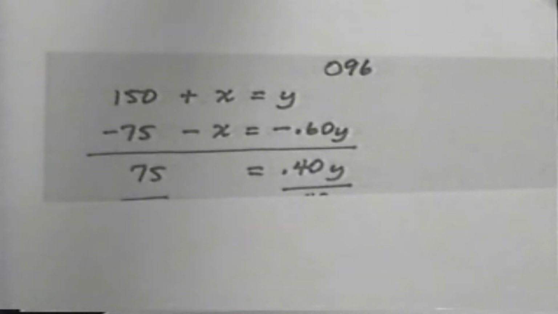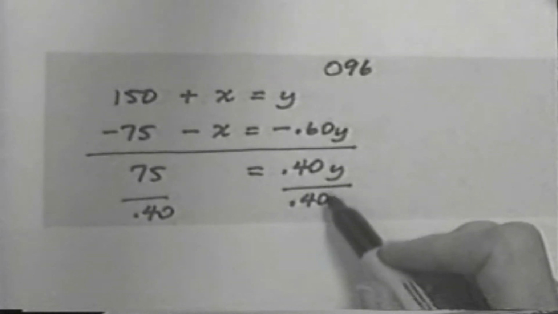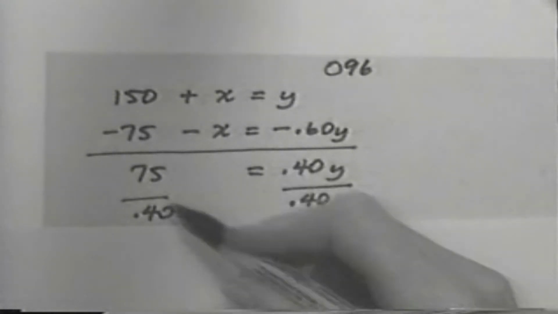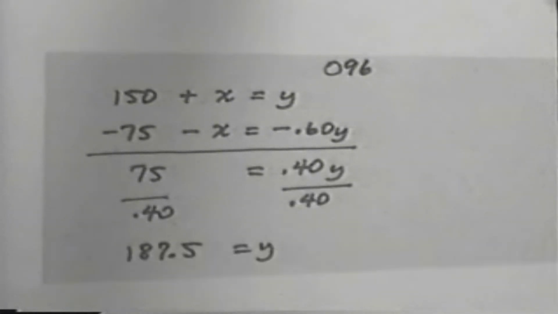We divide now by the coefficient of y, either 0.40 as I have, or if you use your calculator, you would simply have 4/10. Dividing by the coefficient on both sides of the equation gives us 187.5 equals y. So the y is 187.5.